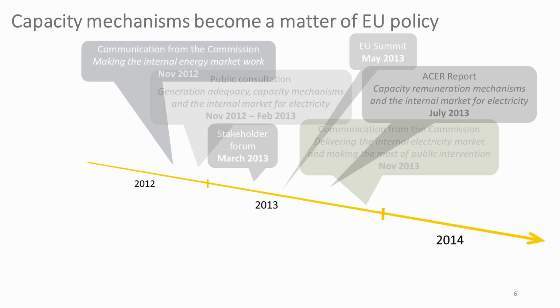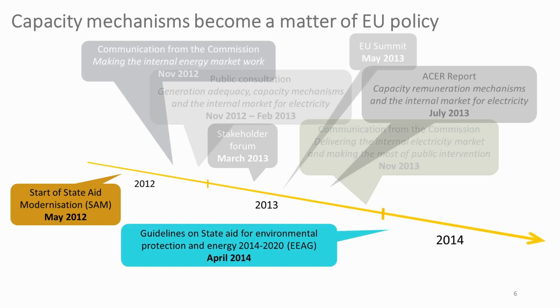Also, at that time, the Commission started a very important reform of state aid control. This included developing new state aid guidelines for the energy sector. So it was a perfect opportunity for the Commission to include capacity mechanisms in these new guidelines.